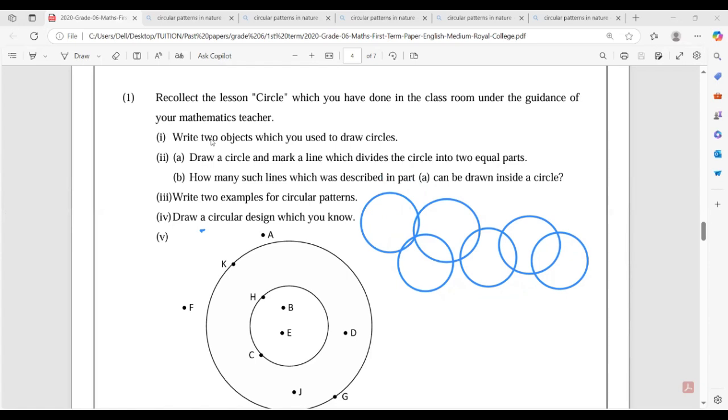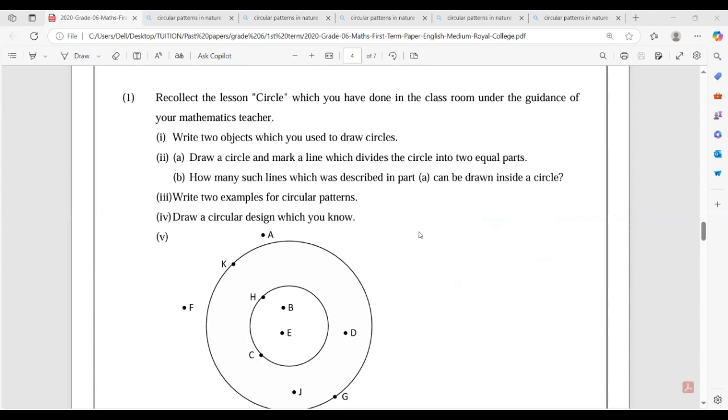And I will show if you want to see any circular patterns. You can surf the internet. You can see so many patterns are there. The problem is that it is difficult to draw with these tools here. But I will try some. I will try with my free hand, like this. Like that, you can make some circular patterns, right?